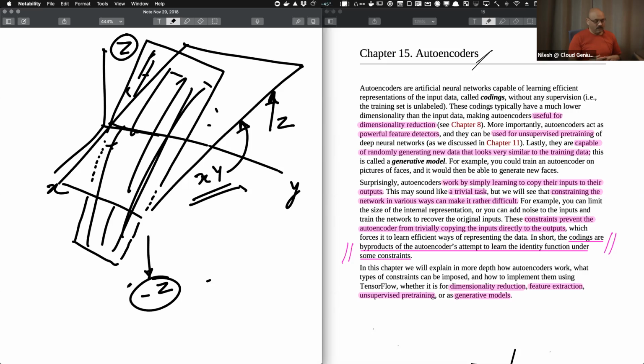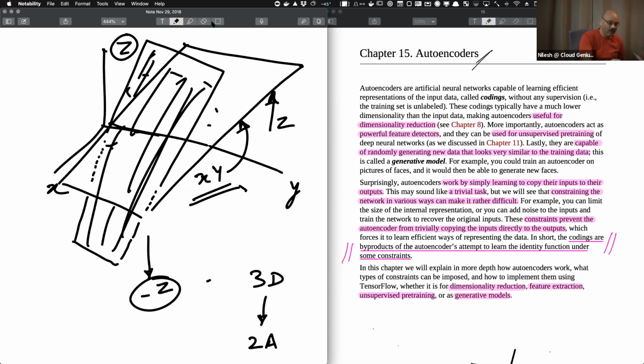But if the data set is strictly limited to only that particular tilted plane, we can potentially reduce its dimensionality from 3 dimensions down to 2. We did that in an example before; I think we called it principal component analysis.